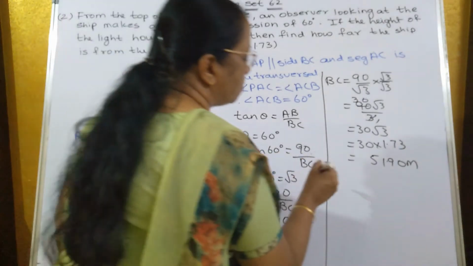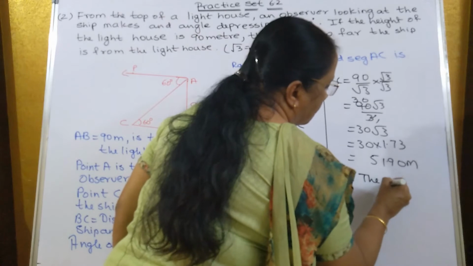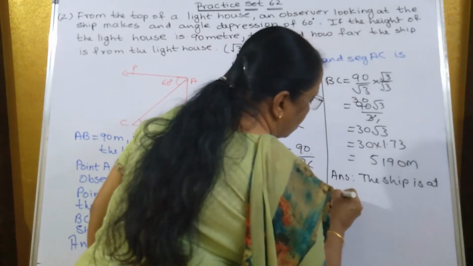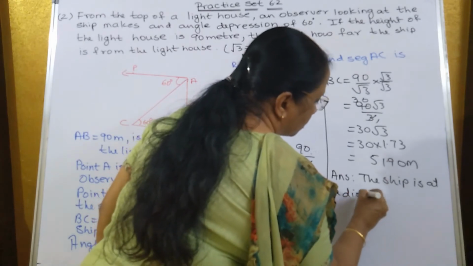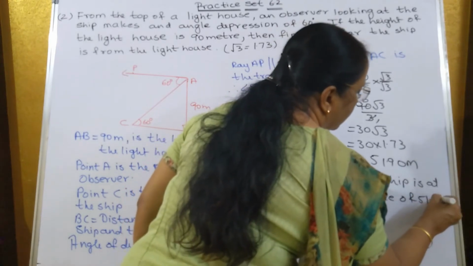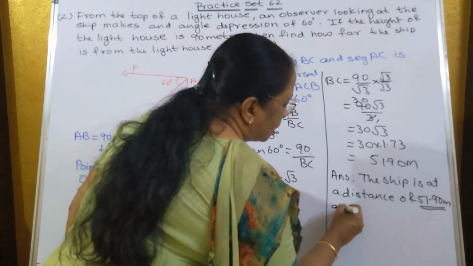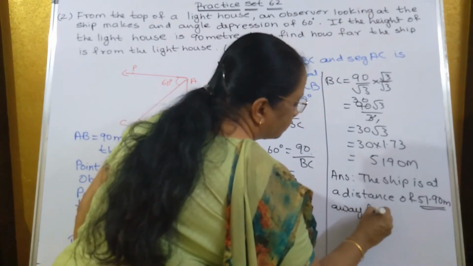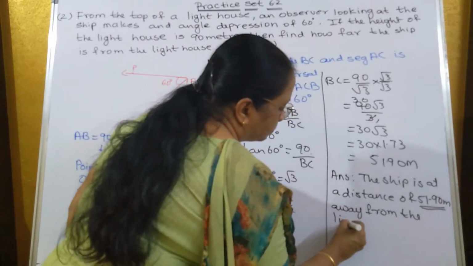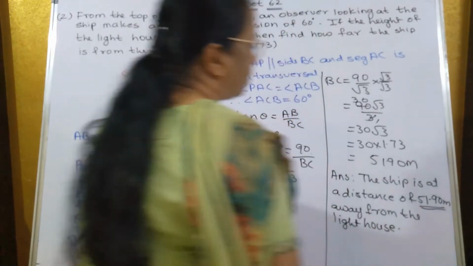So the ship is at a distance of 51.90 meter away from the lighthouse.